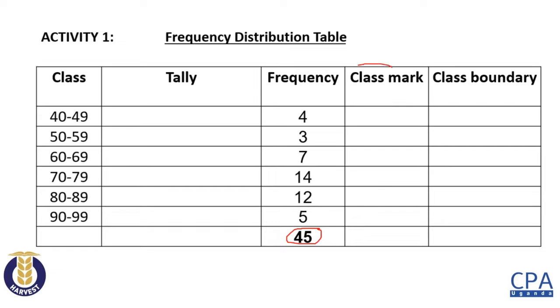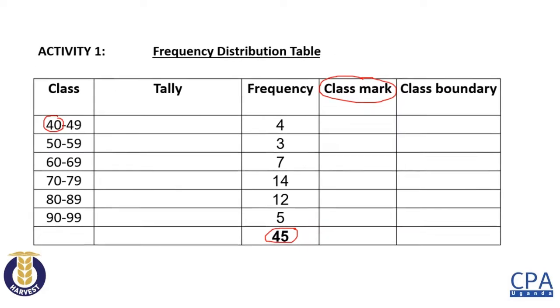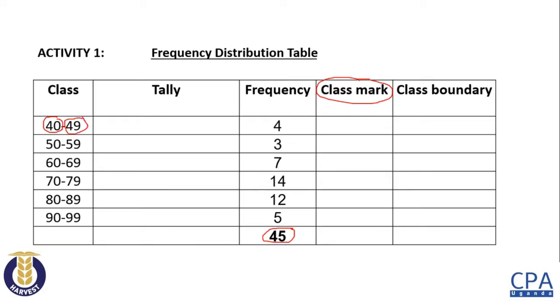Next, we move into the class mark. Of course, from our previous discussion, we mentioned that the class mark is the midpoint or axis of the class interval. And how do we get it? We get the upper class limit plus the lower class limit divided by 2.